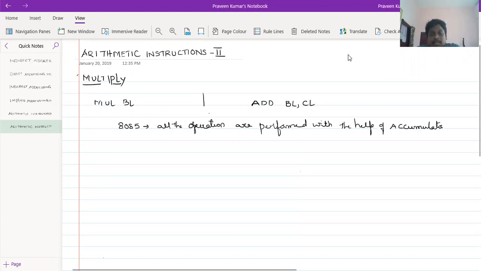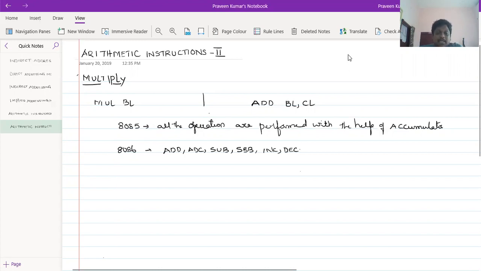But in 8086 there was some relaxation: ADD, ADC, SUB, SBB and some other instructions like increment, decrement, all these instructions don't require an accumulator. They can be performed upon two different registers also.